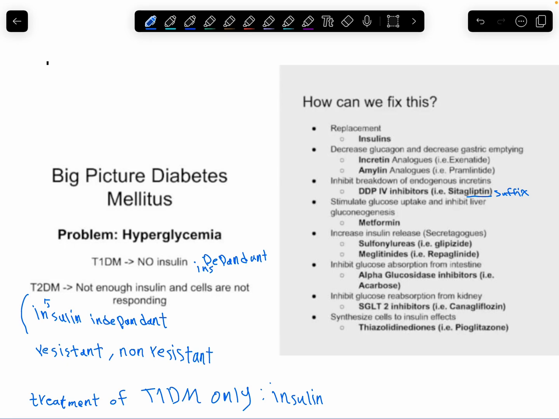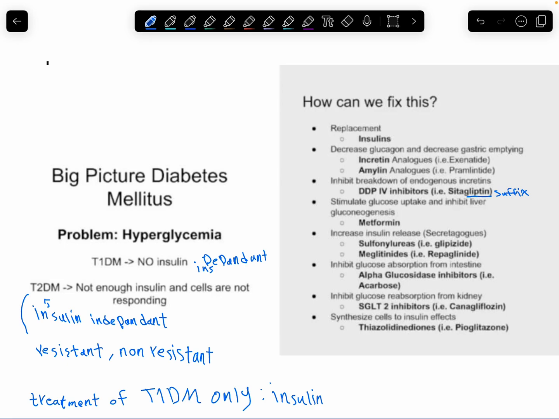Now, what happens? The carbohydrates go into the stomach. From the stomach, they go into the small intestine for absorption. For absorption, there is an enzyme called alpha glucosidase. This enzyme converts the carbohydrates to monosaccharides.